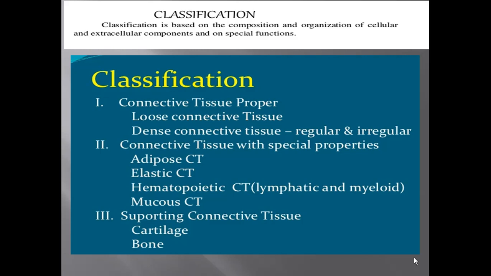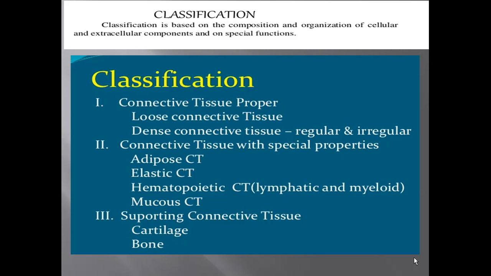So I have two slides for the classification of connective tissue. You can use the one in this slide, or the table at the end of the PowerPoint. Why do I have two slides for one classification? Just to give you a refresher from the previous human biology course, where we already covered each part of the table of connective tissue elements.